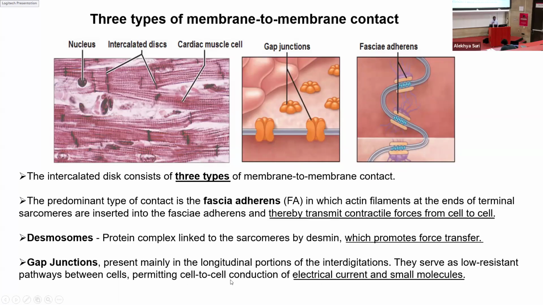This is different from the other two, because it can transfer electrical current from one cell to another, and also small molecules like potassium ions and sodium ions. Those ions can also be transmitted from one cell to another through gap junctions.